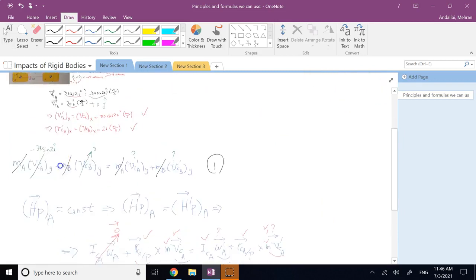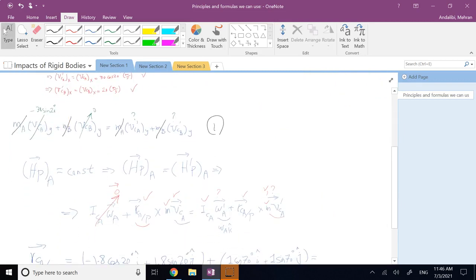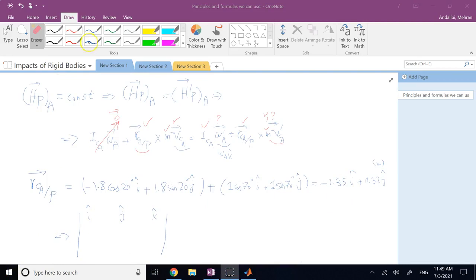If I do that, what do I get? Here I calculated this relative position vector. It is negative 1.35 I plus positive 32 J, and there is no K, so that is my first vector.